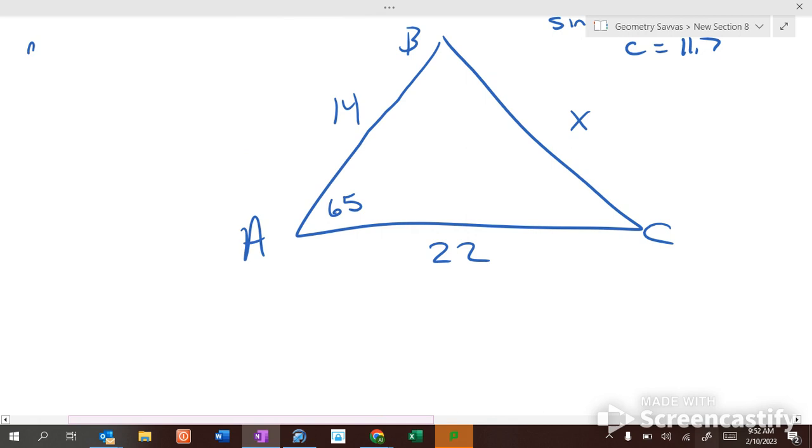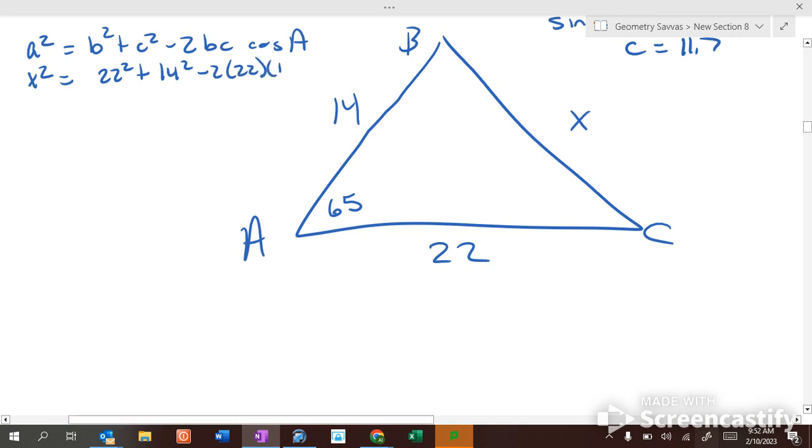A squared, the A squared one, because I have angle A. So A squared equals B squared plus C squared minus 2BC cosine of A. So X squared equals 22 squared plus 14 squared minus 2 times 22 times 14 cosine of the angle 65. X squared equals some big number.